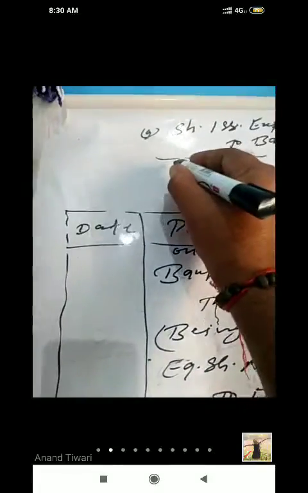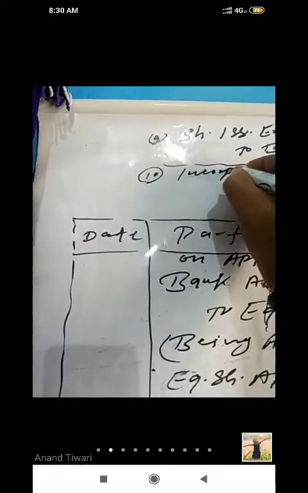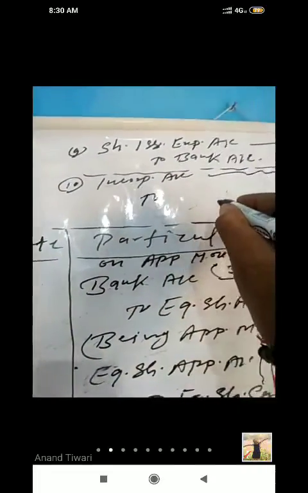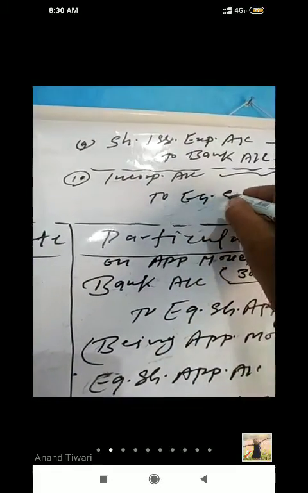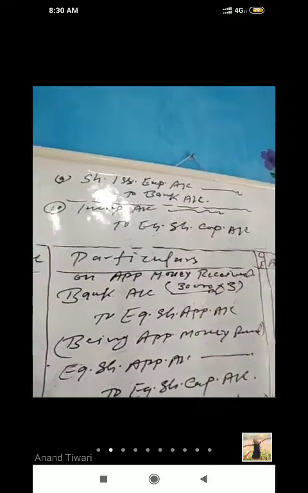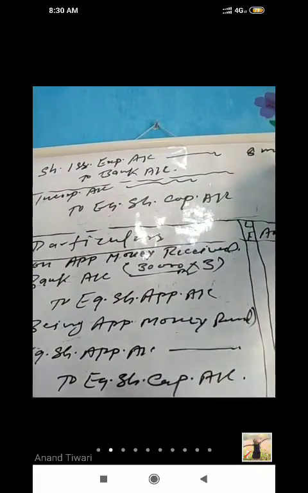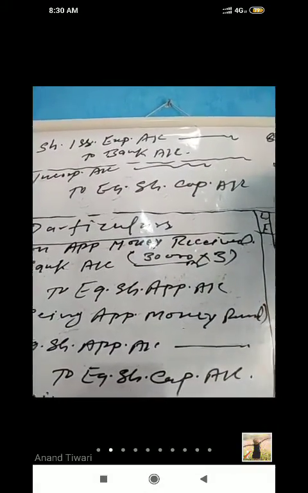The entry will be incorporation cost account debit to equity share capital account. What amount? The amount is written there. That is expenses, that is 8,000, and this is 40,000.